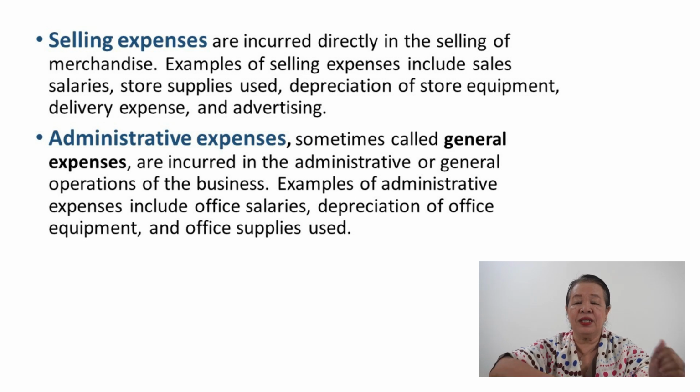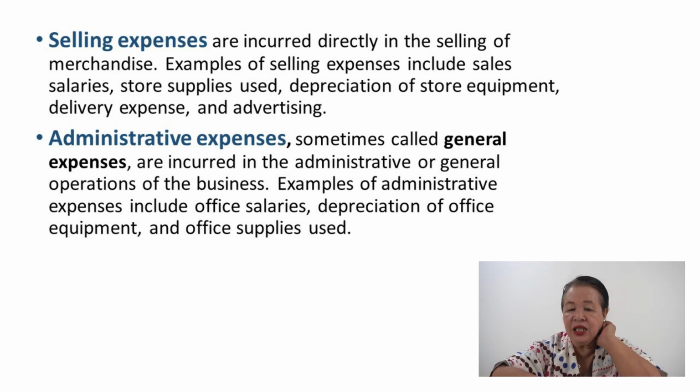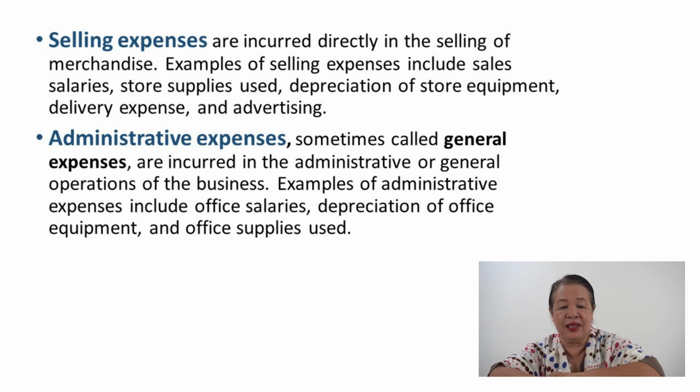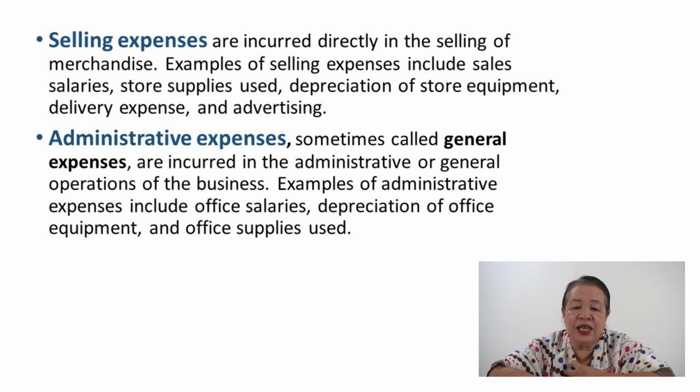Okay, so ano tong tinatawag natin na selling expenses? Ito yung incurred directly in the selling of merchandise. No? So, directly. Include sales salaries, store supplies used, depreciation of store equipment, delivery expense, and advertising. No?